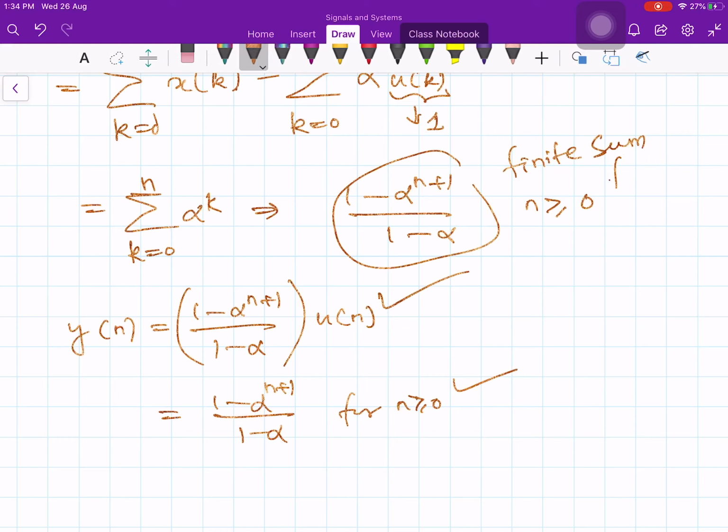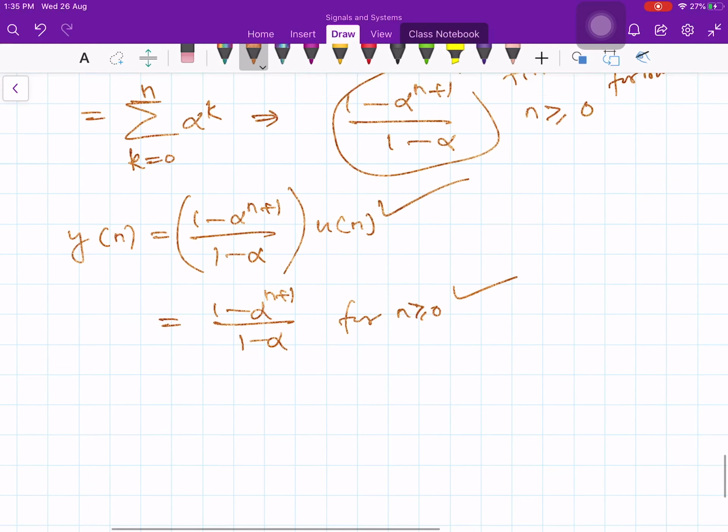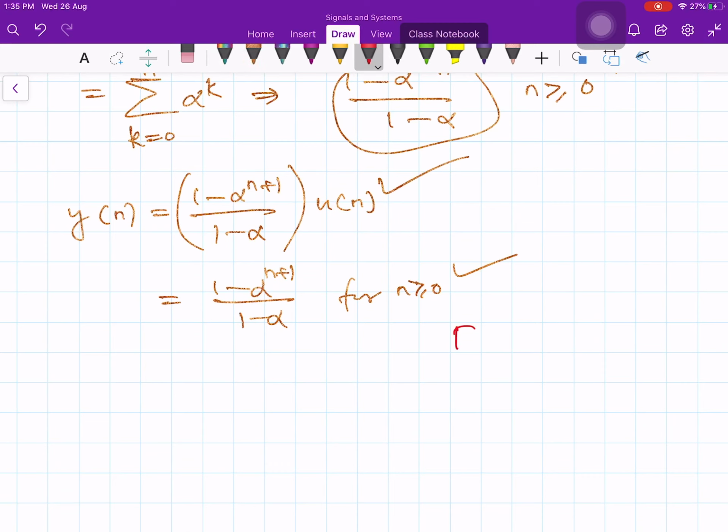Just for completeness, let me write down this formula here. There are some 3-4 formulas. Summation of alpha to the k, k equals 0 to n minus 1, or you can put n also, not an issue, it is after all a dummy variable, right?